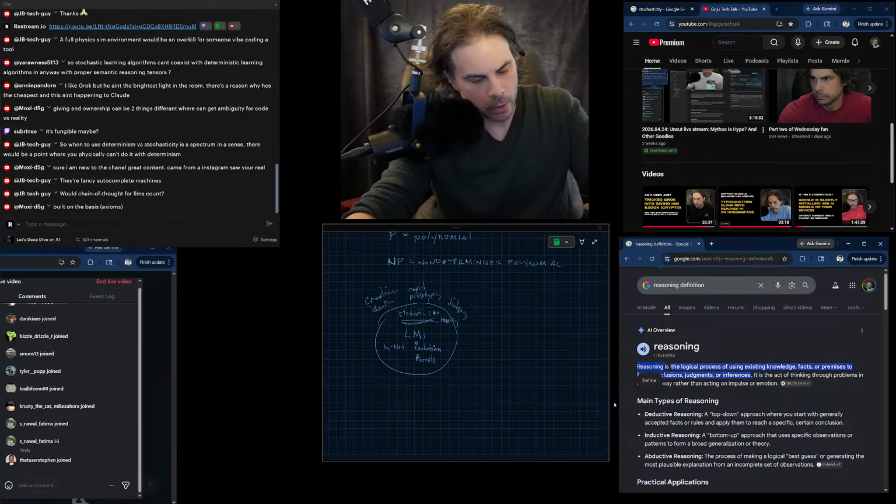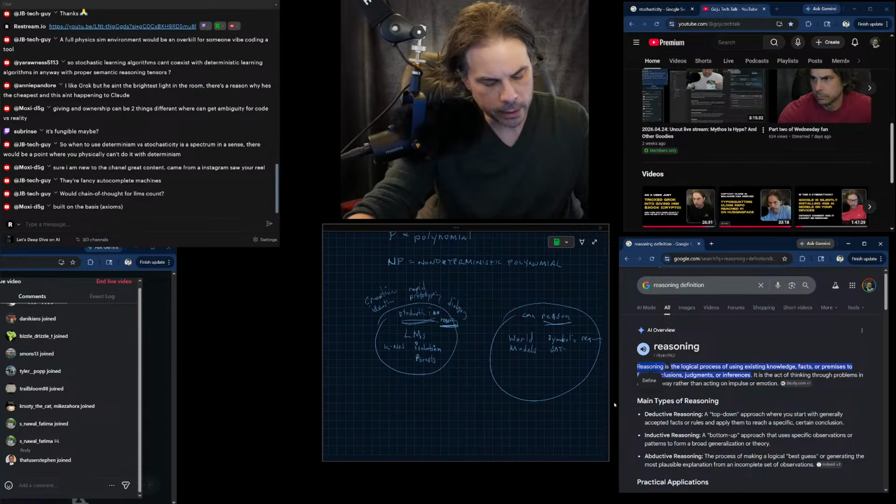In this space, you have things like Yann LeCun's world models, and symbolic reasoners, SAT and SMT solvers, and then also things like diff.